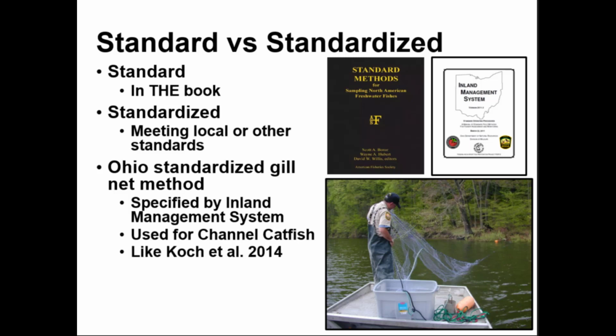And we looked at our data much like the Cook et al. paper, and also found low catch, low precision for channel catfish sampling, and this was especially evident in our small reservoirs. So what gear should we use to sample channel catfish in these reservoirs?